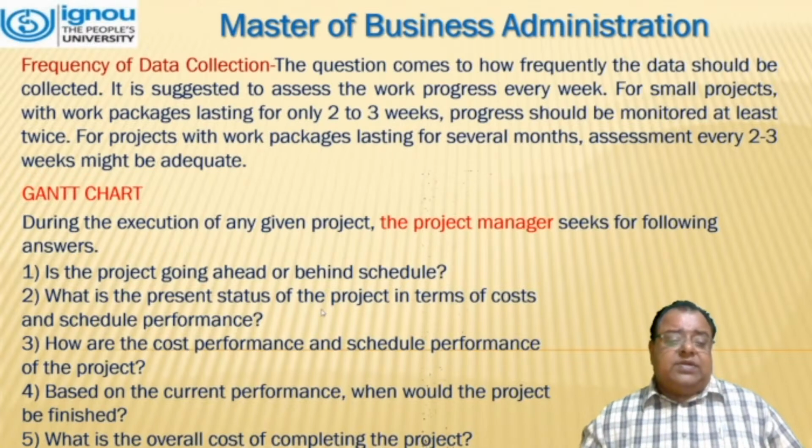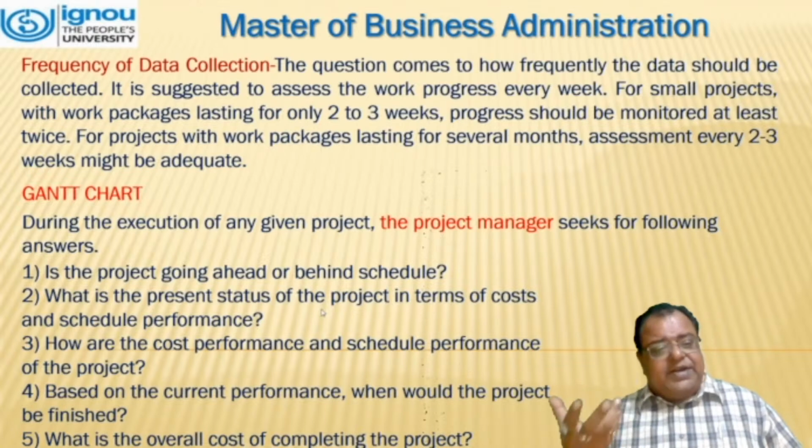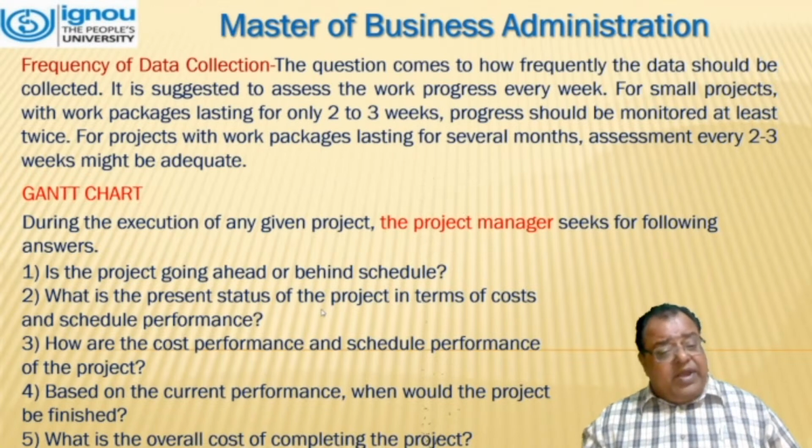Now, this is how it is studied. So now we will talk about the Gantt chart. During the execution of any given project, the project manager seeks the following answers. Is the project going ahead or behind schedule? What is the present status of the project in terms of cost and schedule performance?